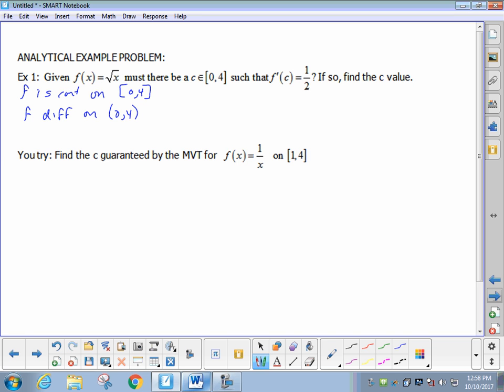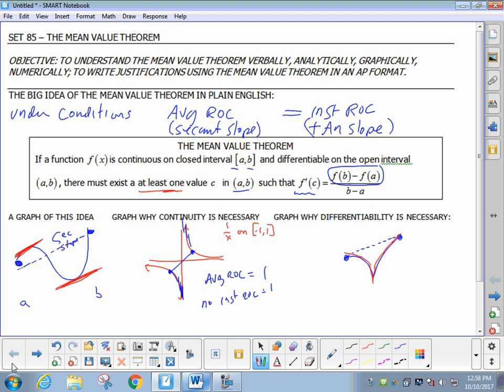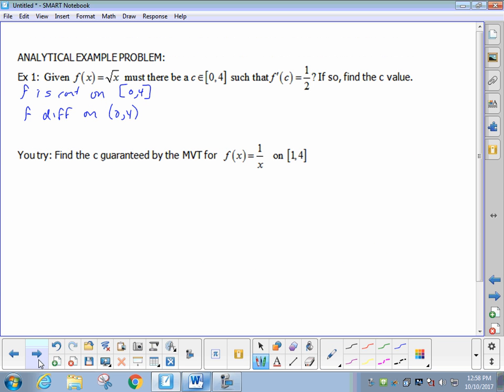That's okay, because in the mean value theorem, the C is the point at which you're finding the instantaneous rate of change, and it's always in the interior. So the fact that the derivative doesn't exist at the edges isn't a problem, because the place where I'm going to find that derivative is in the interior anyway.